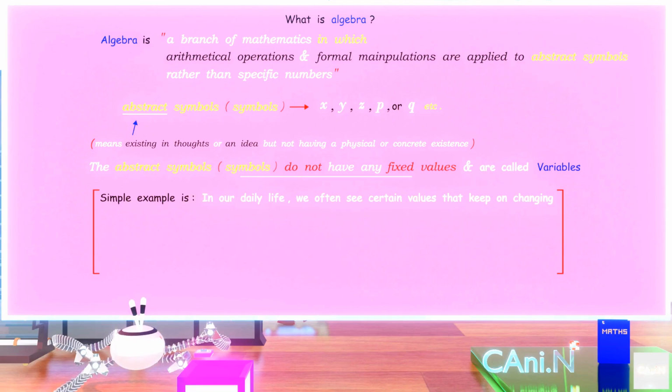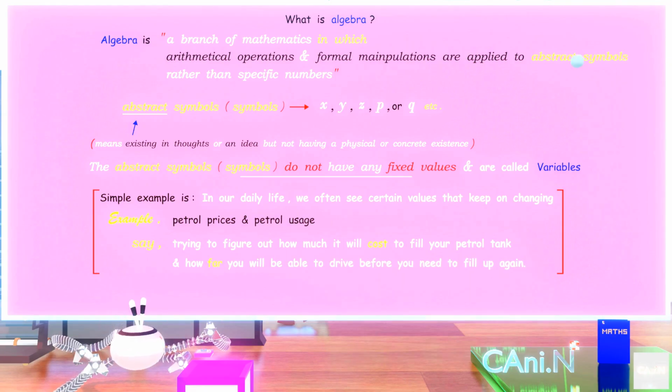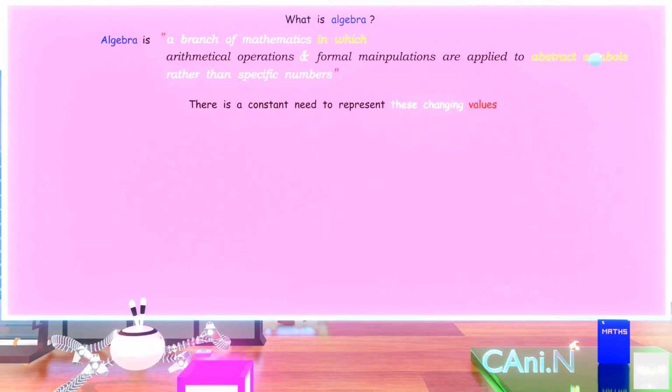A simple example is, in our daily life, we often see certain values that keep on changing. Example, petrol price and petrol usage. Say, trying to figure out how much it will cost to fill your petrol tank, and how far you will be able to drive before you need to fill up again. These do not have any fixed value. There is a constant need to represent these changing values.